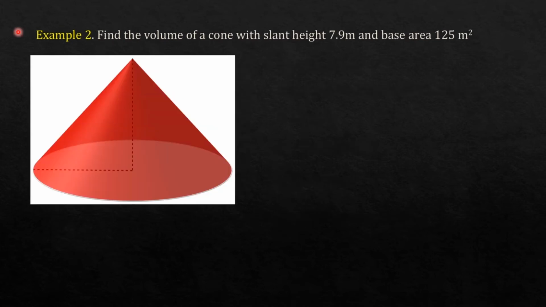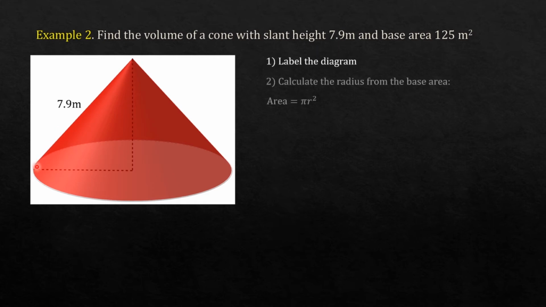In example 2, we want to find the volume of a cone with a slant height 7.9 meters and a base area of 125 square meters. We will label the diagram with what we have. We have the slant height is 7.9. The next step is to calculate the radius from the base area. The area of the base is pi r squared.